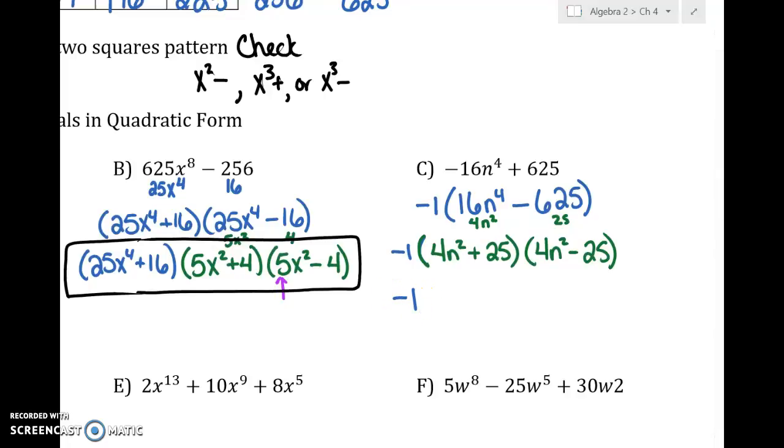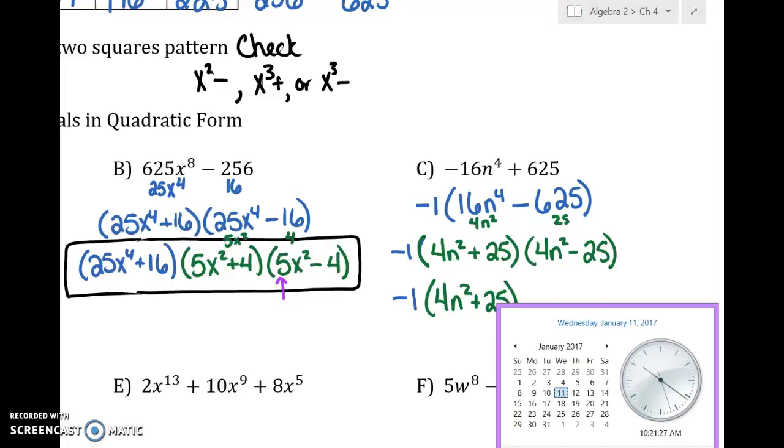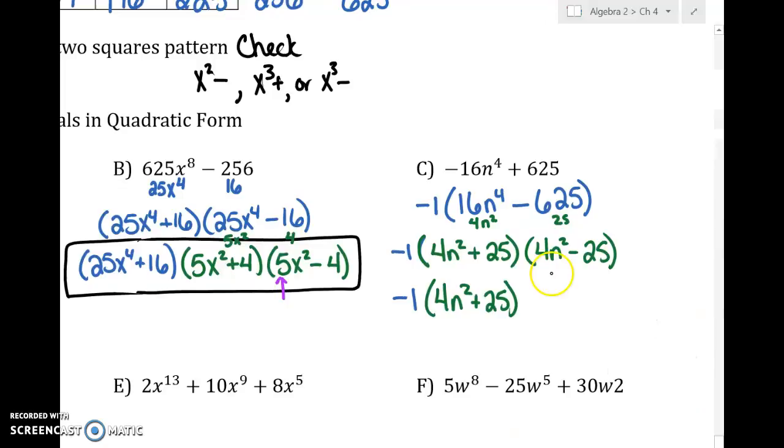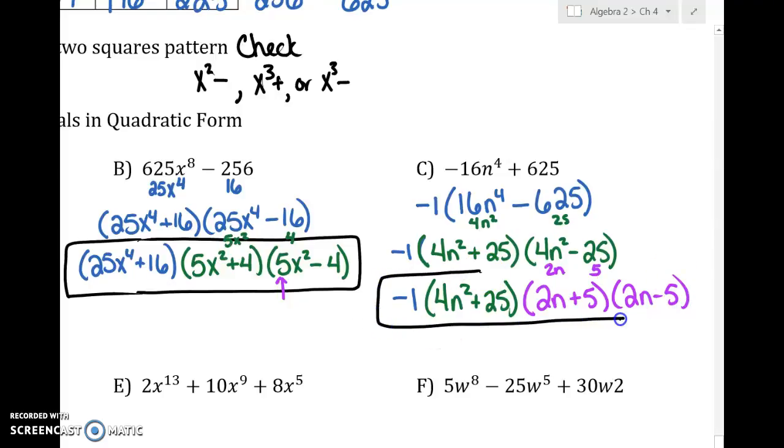So we have negative 1, 4n squared plus 25, 4n squared minus 25. 4n squared is the perfect square of 2n. 25 is the perfect square of 5. So that breaks into 2n plus 5, 2n minus 5. And that whole thing is our fully factored form.